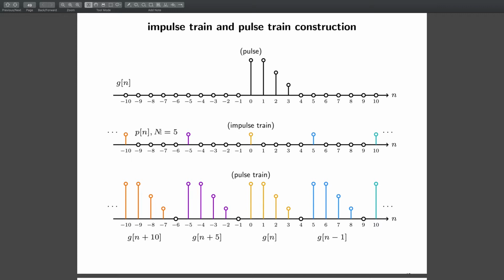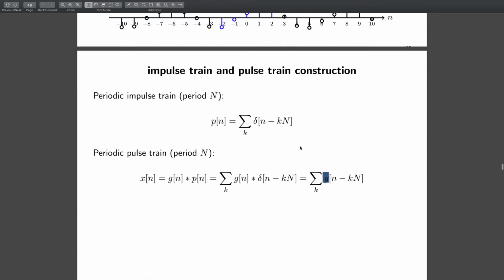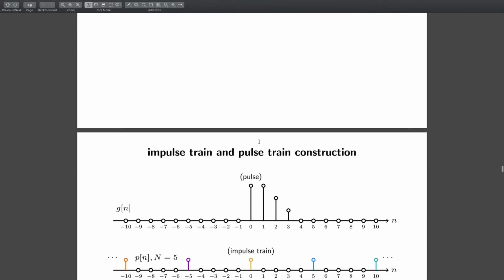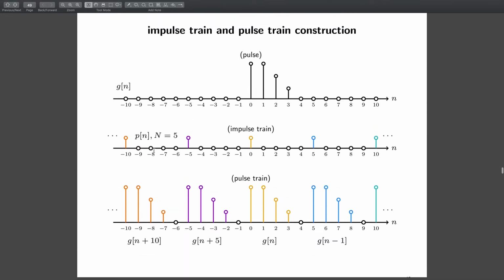In this case, capital N is equal to 5, and so we have every fifth sample is a delta that turns on. Remember, these are being produced by adding together isolated delta functions. And when we add all those together, we get a periodic train of those. So every fifth sample turns on, and it's 0 in between.